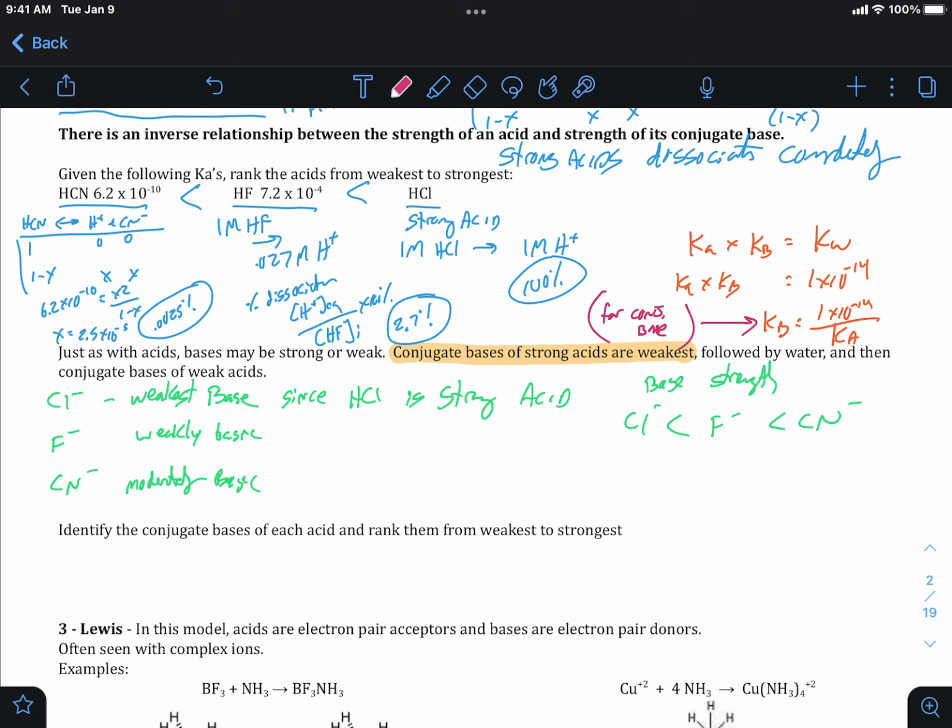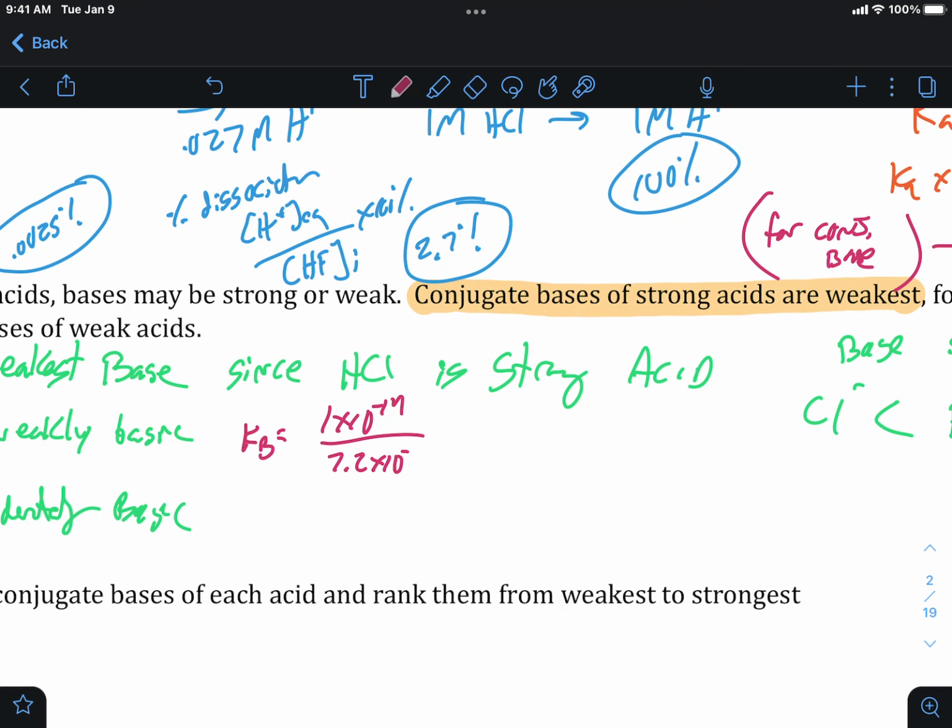So let's solve for the Kb of F minus. Kb is equal to 1 times 10 to the minus 14th over the Ka of HF, and the Ka of HF was told to me to be 7.2 times 10 to the minus 4.